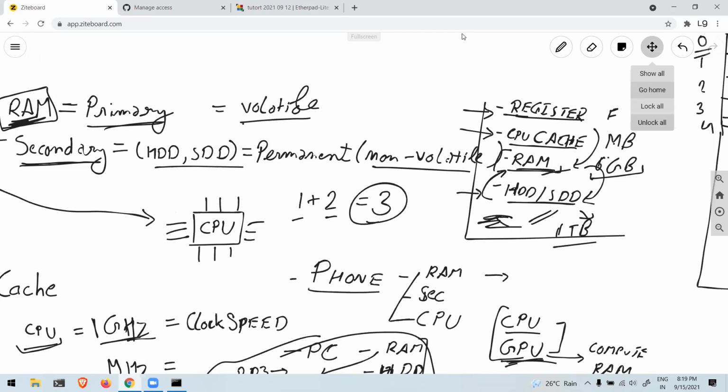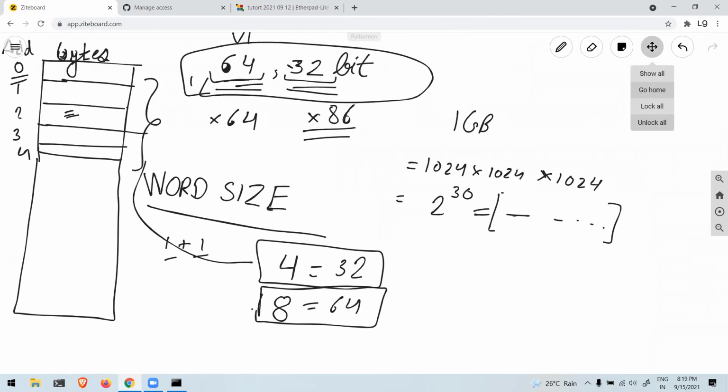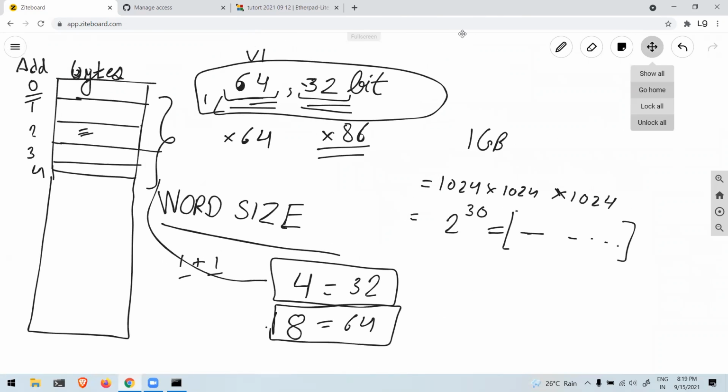When I say word size, it directly corresponds to what data size your processor can process, and that is exactly related to the size of your register. There can be many registers inside your processor, but each will have a size of 8 bytes. When your processor wants to load some data from your RAM, it will directly load 8 bytes into the register in a single shot.